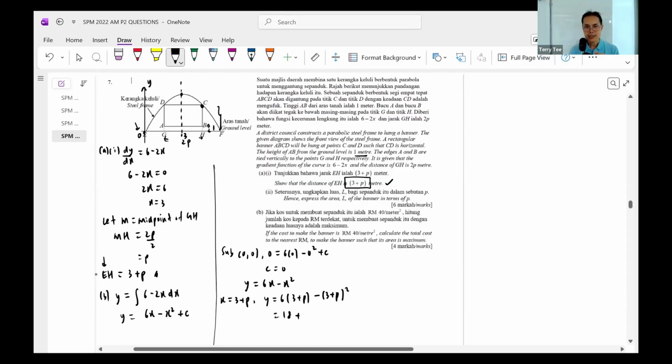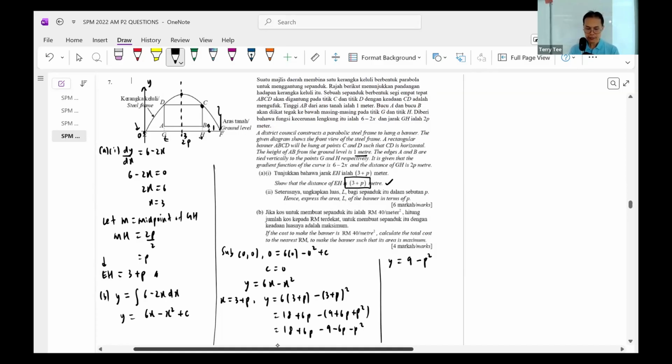Expand: 18 plus 6p, minus 9 plus 6p plus p squared. This is 18 plus 6p minus 9 minus 6p minus p squared. Okay, notice 18 minus 9, left with 9. 6p minus 6p disappear, left with negative p squared. So it's 9 minus p squared.